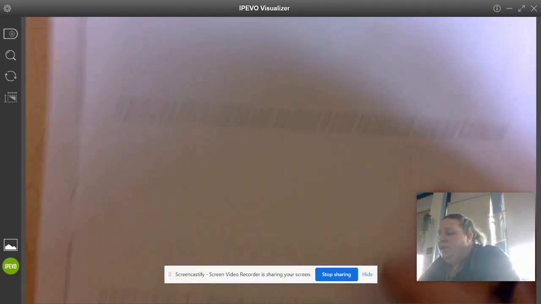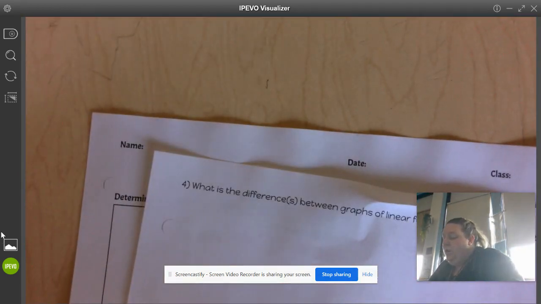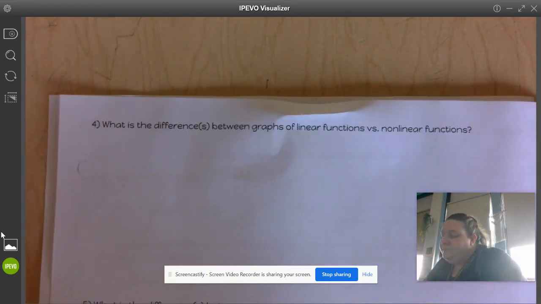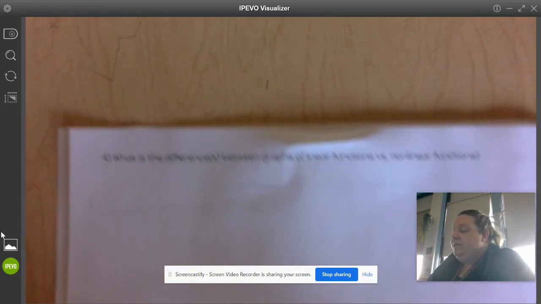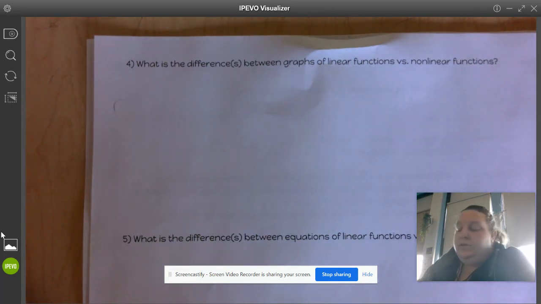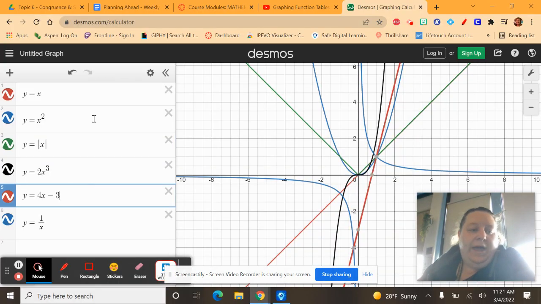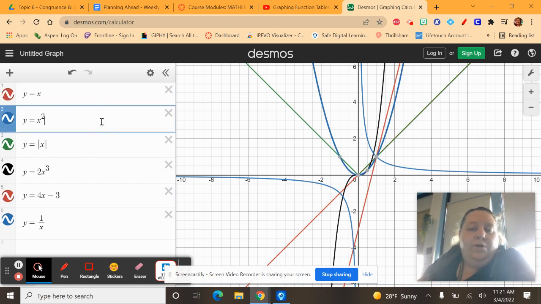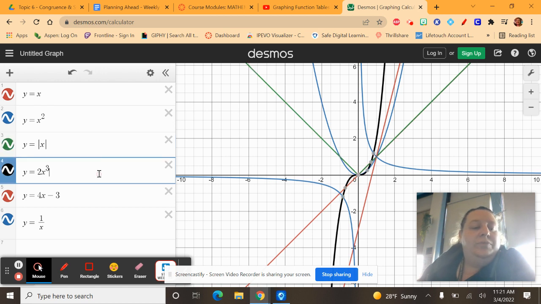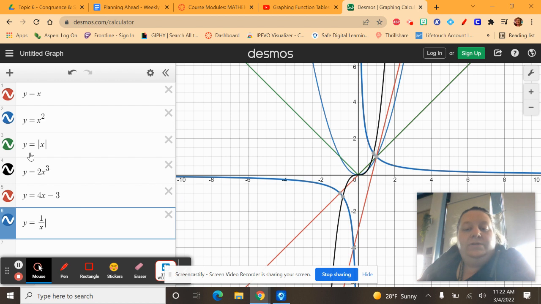Taking a look at the next one. What is the difference between the graphs of linear functions and nonlinear functions? So the two linear ones are in red. So those are continuous straight lines. However, y equals x squared has a curve, and the absolute value of x in green doesn't have a curve, but it has a point where it turns. 2x to the power of 3 and 1 over x.